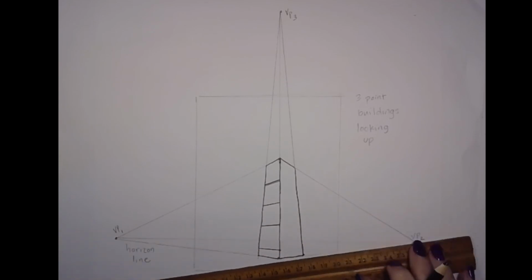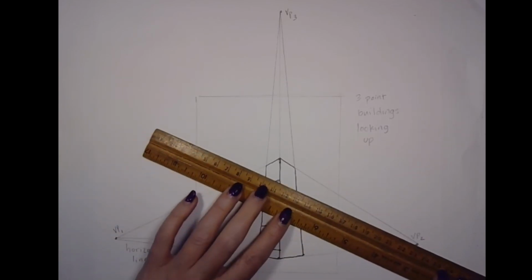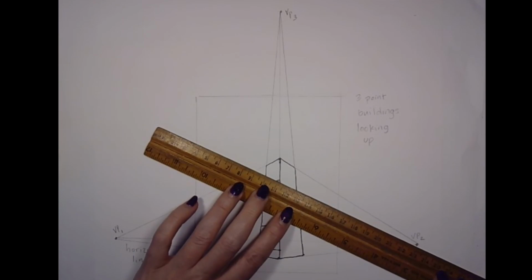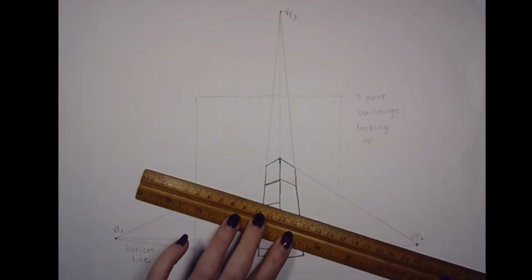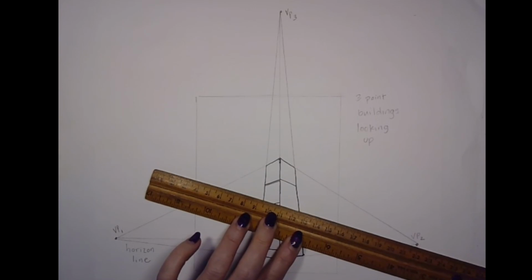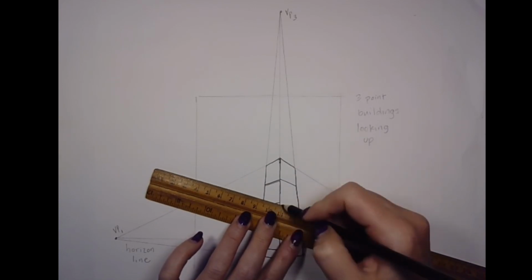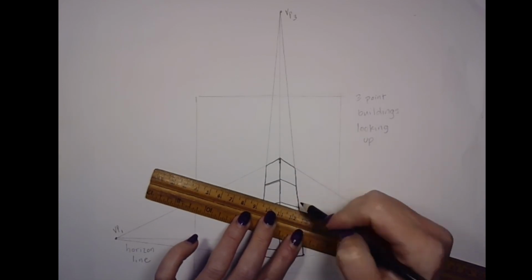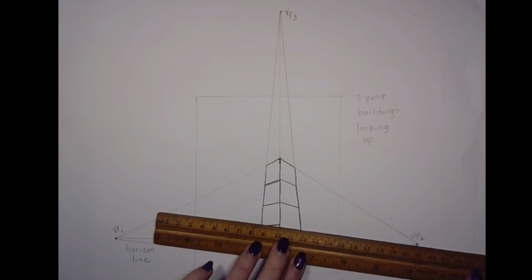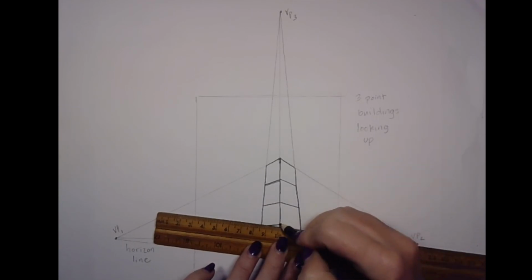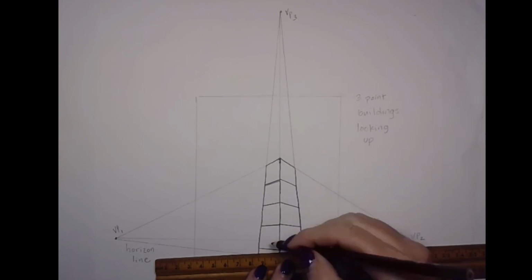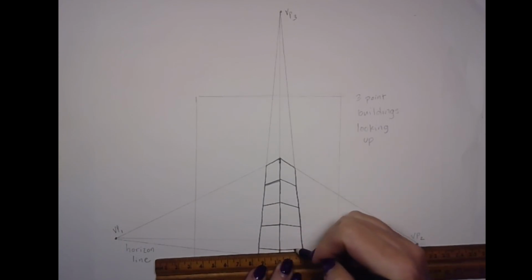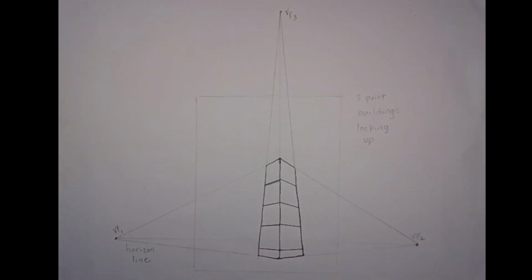On this side, they would go to vanishing point 2. Okay.